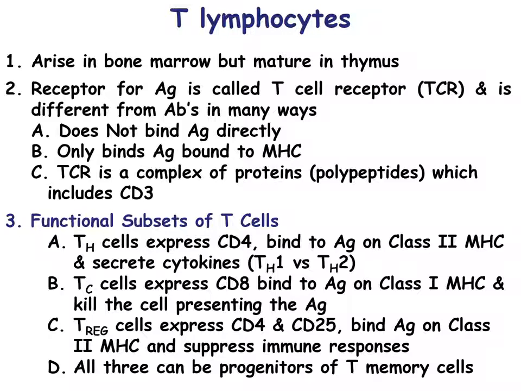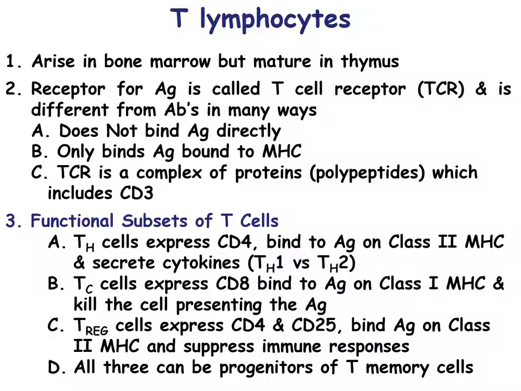TC, or T cytotoxic cells, are also known as cytotoxic T lymphocytes. And I think I'll put that at the end to remind you. T cytotoxic cells express CD8, and their T cell receptor will bind to antigen on class 1 MHC. And then they will actually end up killing the cell presenting the antigen.